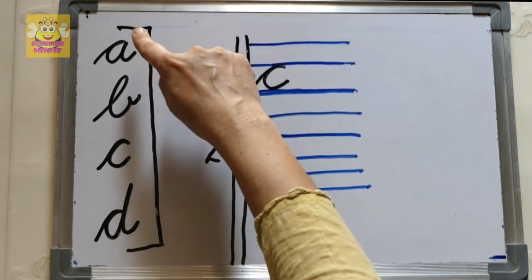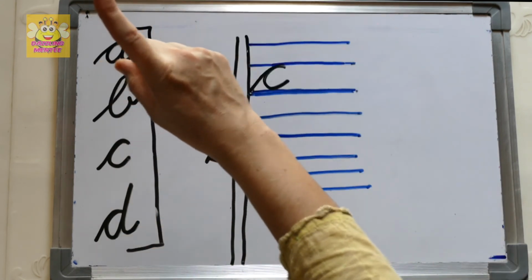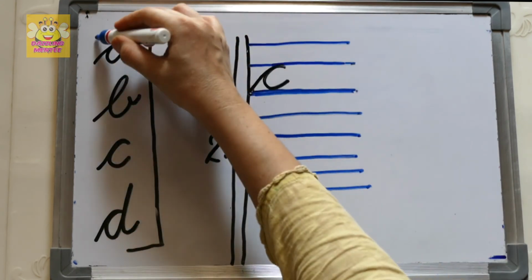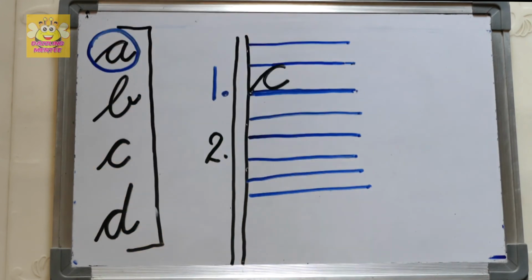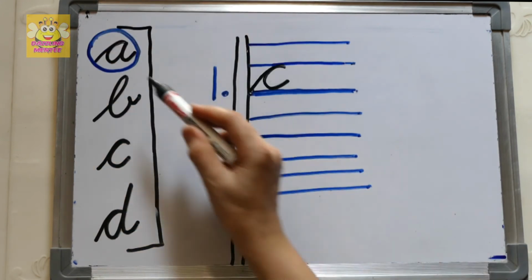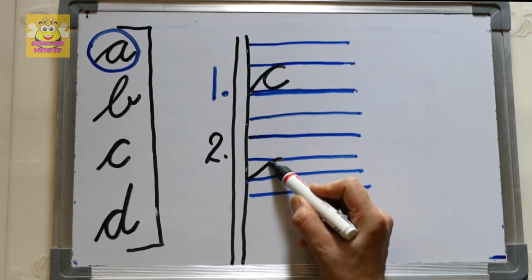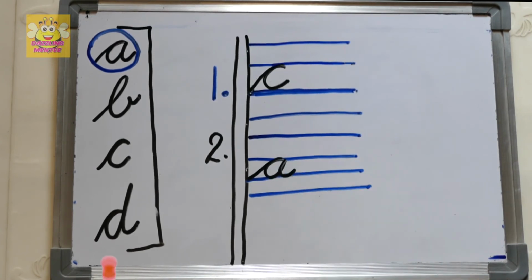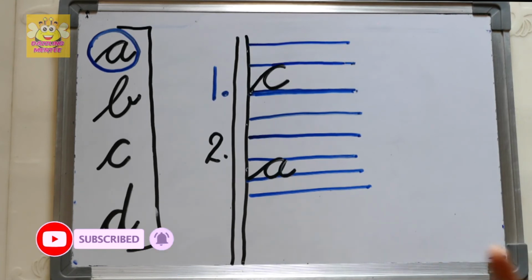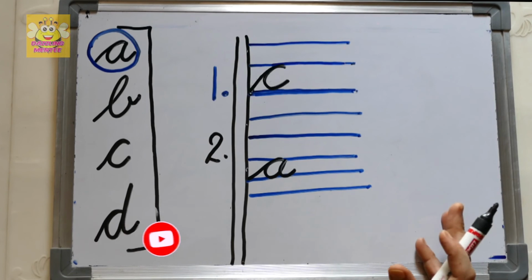No mama. Is it A? Yes! So let the child circle the alphabet, and here the child will write. He or she will see and write down A. Okay, this way you just teach them the dictation pattern.